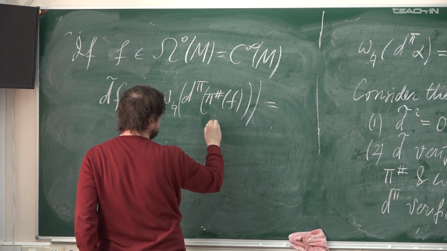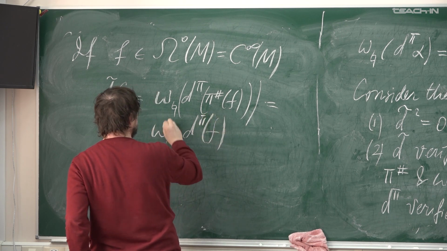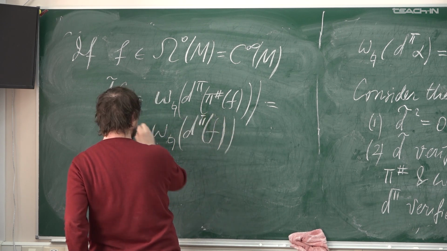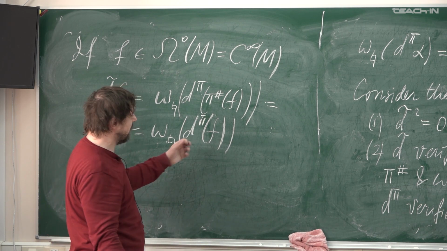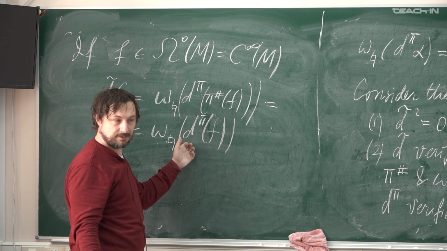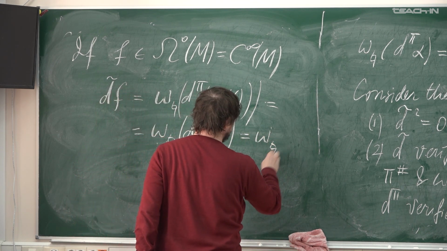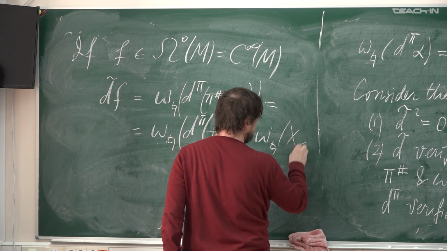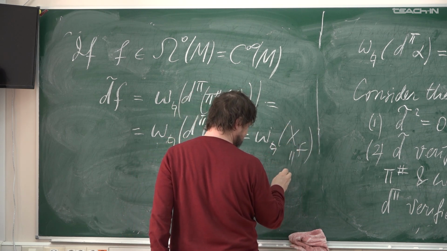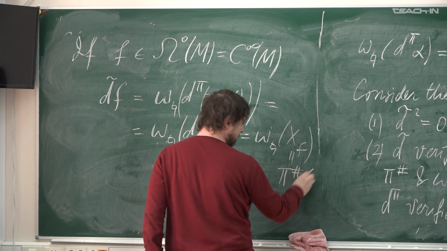Now pi sharp of f is just f, so we need to consider d pi of f, right? And d pi of f is the Hamilton field associated with f, right? So that's just omega of x sub f. On the other hand, it is equal to the pi sharp of df.